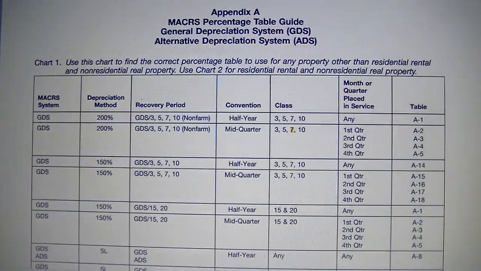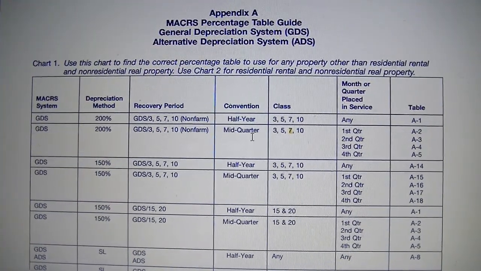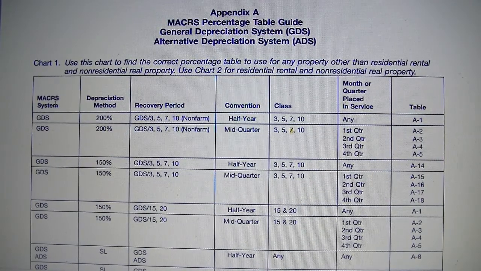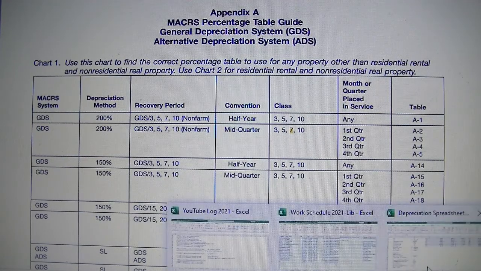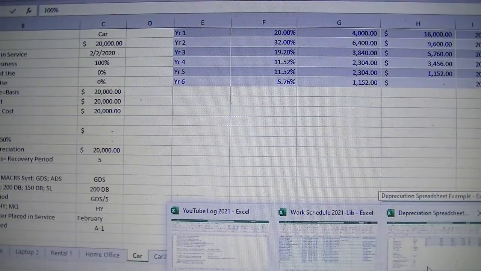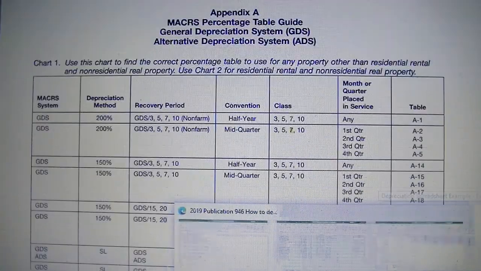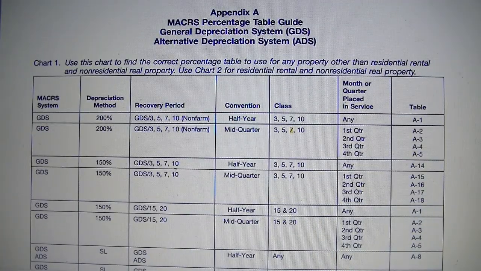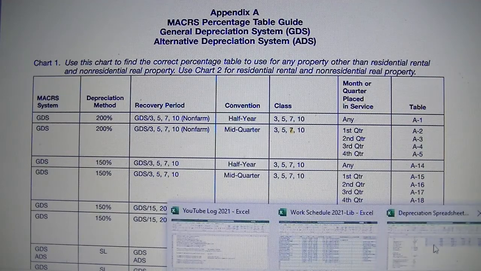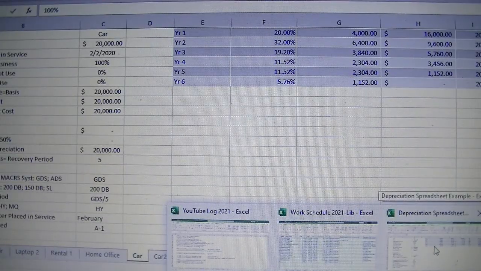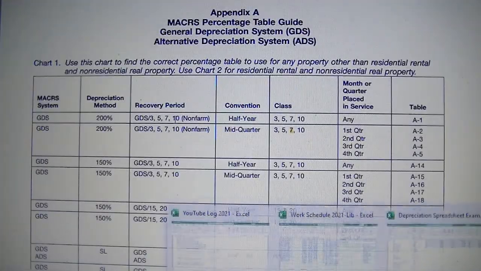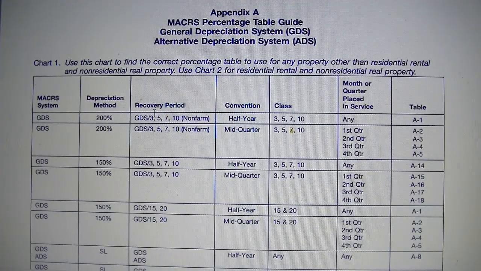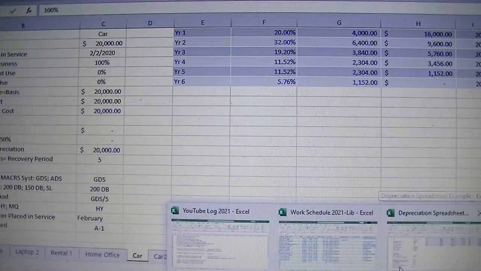We are going to use GDS, General Depreciation System, and we enter under depreciation method, GDS. We want to use 200%, so we add it there as well, 200 DB. Recovery period is GDS 5, and so recovery period GDS 5.